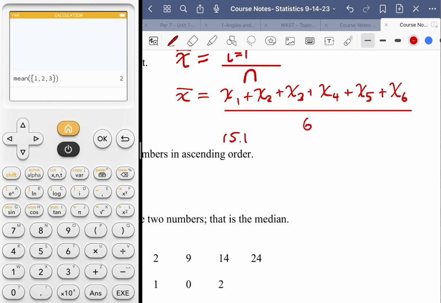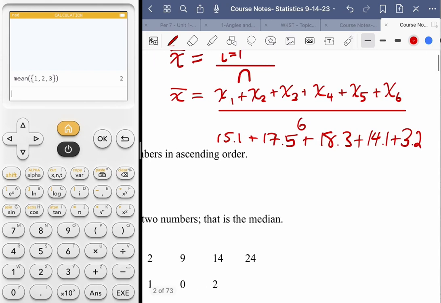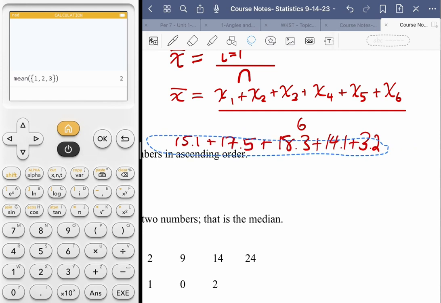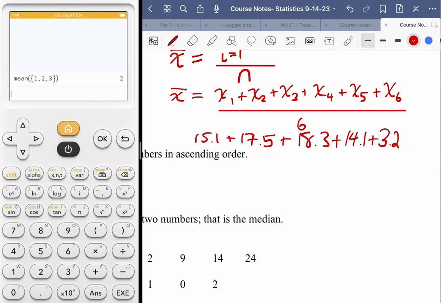I'm going to add to it 17.5, 18.3, 14.1, 3.2, and 6.0, but just 6. I'm just going to smidge it over so I can get it in. And divide that result by 6.